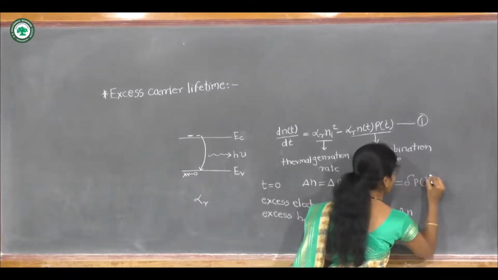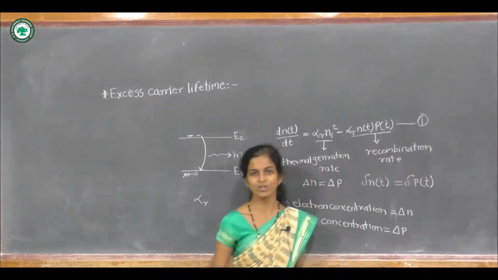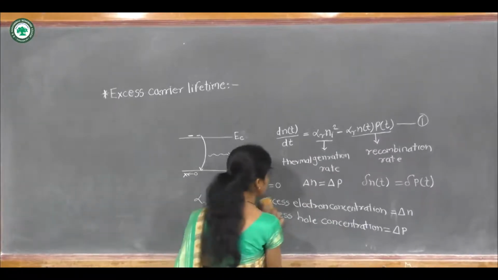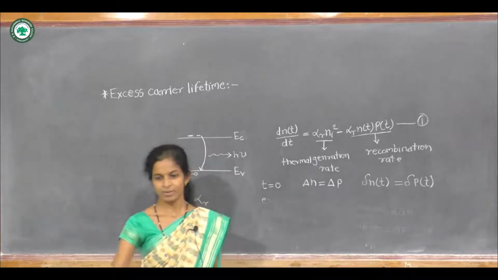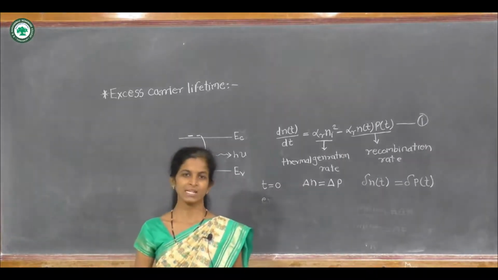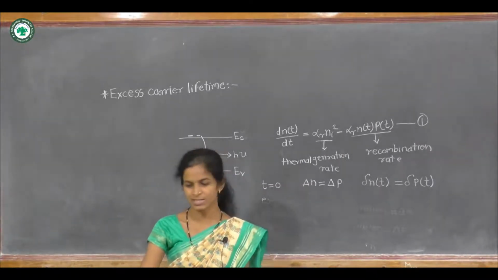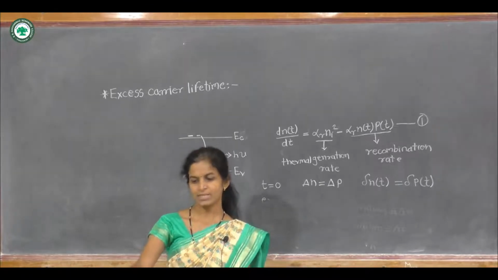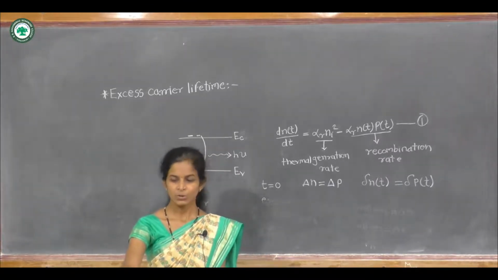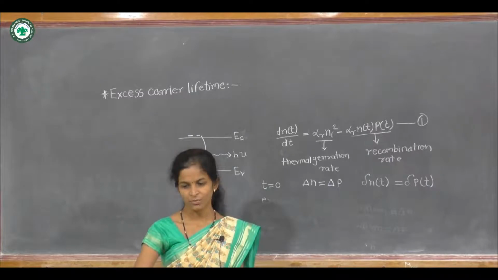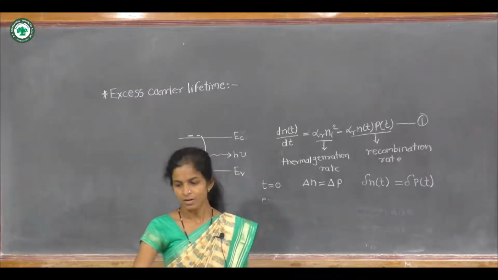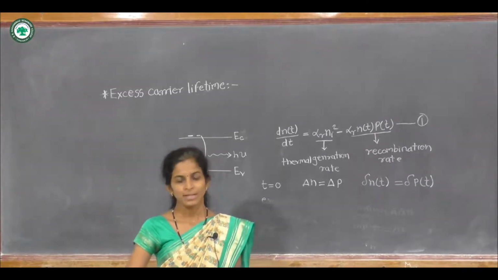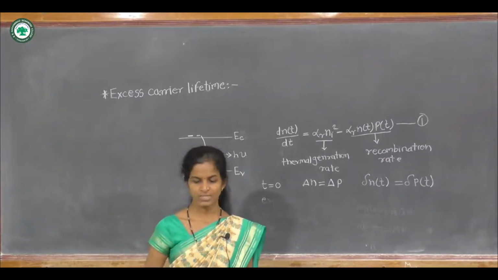They will be equal if the excess electron and excess hole concentrations are equal. Thus we can write the total concentration in equation number 1 in terms of equilibrium concentration.